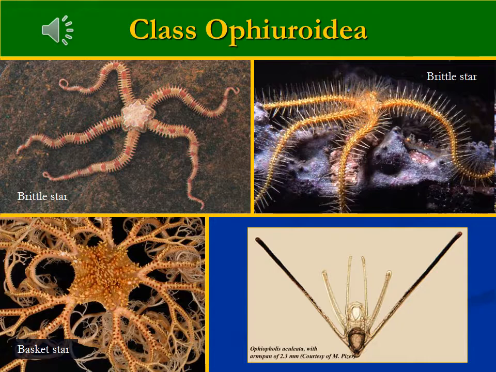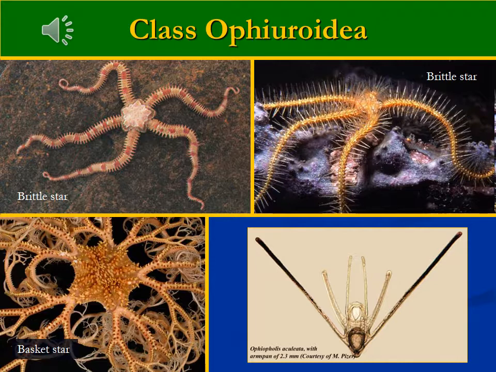I'm sure you remember dissecting it, and you know exactly what I mean. One of the other major differences is that because of the arrangement of the ossicles inside the arms, the ambulacral groove is closed. It doesn't have that archway that the sea stars have on the oral surface of the arms.